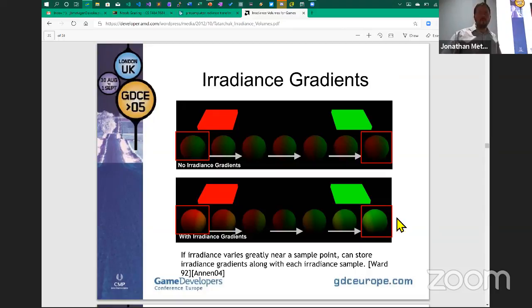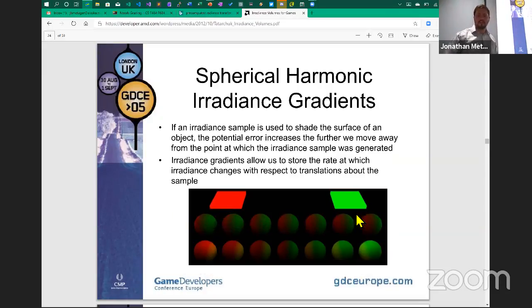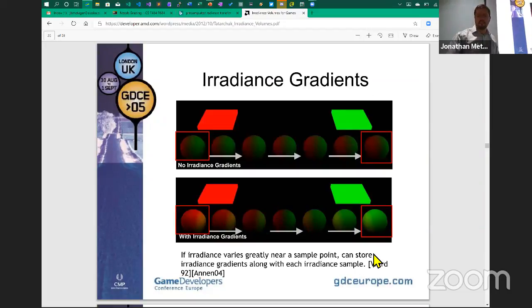This kind of answers your question, how can you get around that? Obviously the more samples you take, the more accurate it's going to be, because you'll notice over here in the center that it's not quite as dark in the middle as it is over here. So there are some approximation issues going on, but this is a lot closer to the ground truth than the other approach.